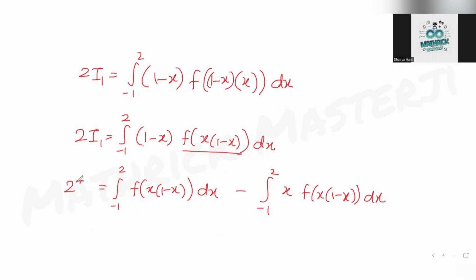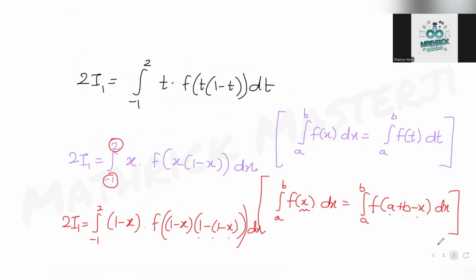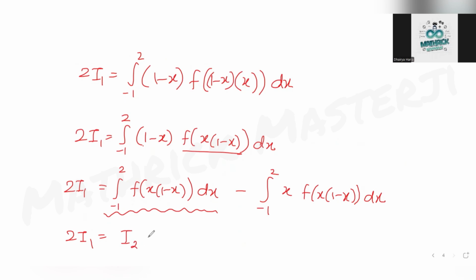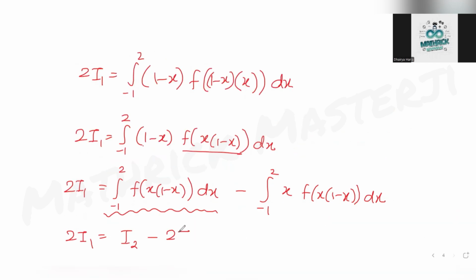If I split it, I get the integral from minus 1 to 2 of 1 into f of x into 1 minus x dx, minus the integral from minus 1 to 2 of x into f of x into 1 minus x dx. And this whole term is nothing but I2, and the second term is the same thing as 2I1. So I get the relation for I1 and I2: 2I1 plus 2I1 makes 4I1 equal to I2.